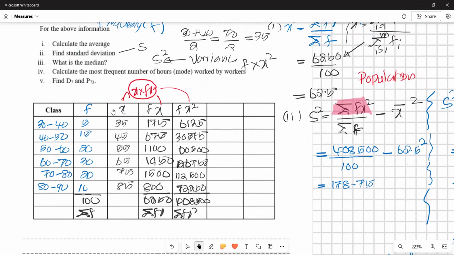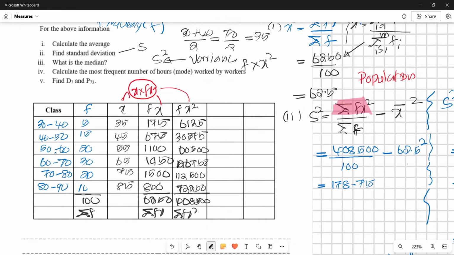Then the next one is the median, the center point. Especially median, mode, quartiles, deciles, we have to use class boundaries. Boundaries means there's no gap, and luckily we don't have a gap here.